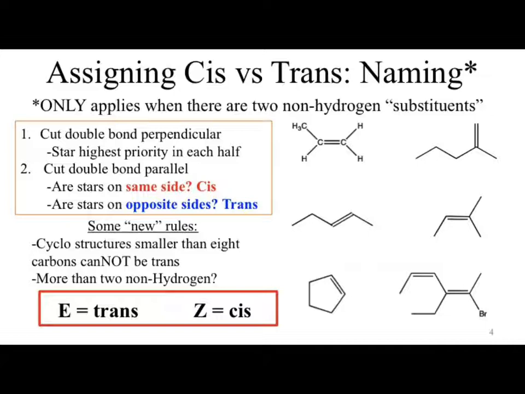That's the only time cis and trans really apply. So you're looking at two non-hydrogen groups. E and Z is the most accurate definition. So cis and trans is just kind of fast. E and Z is official. It's like a nickname.